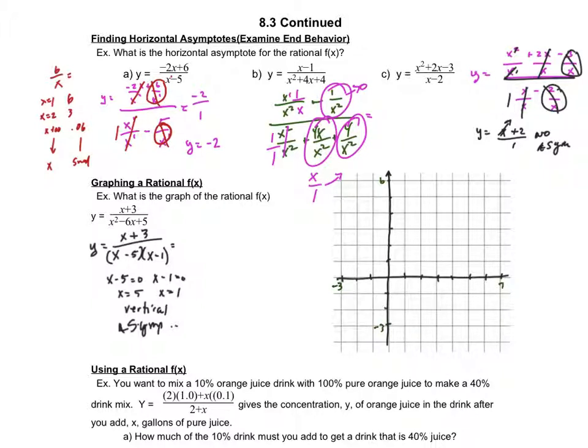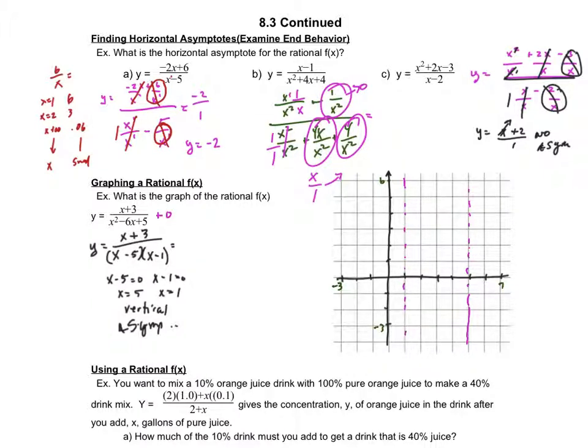Okay, so my vertical asymptotes were x is 5, x is 1, so create these vertical asymptotes. X is 1, 2, 3, 4, 5, x is 5, and x is 1. Okay, so those are my vertical asymptotes that my function's never going to touch. And then there's nothing, this is plus 0 up here.